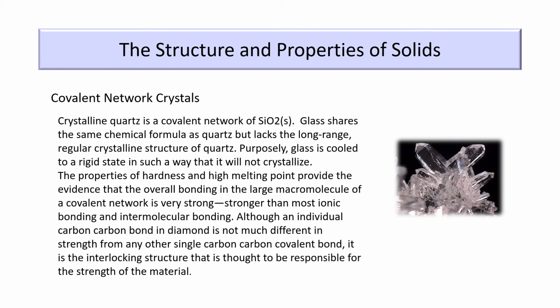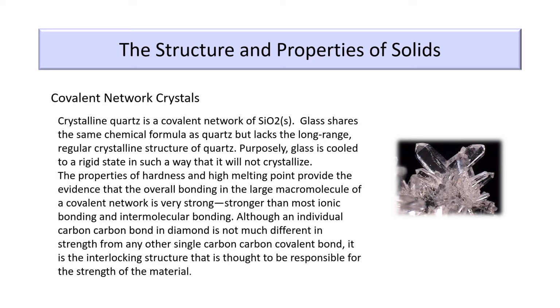Crystalline quartz is a covalent network of SiO2. Glass shares the same chemical formula as quartz but lacks the long-range, regular crystalline structure of quartz. Purposely, glass is cooled to a rigid state in such a way that it will not crystallize.